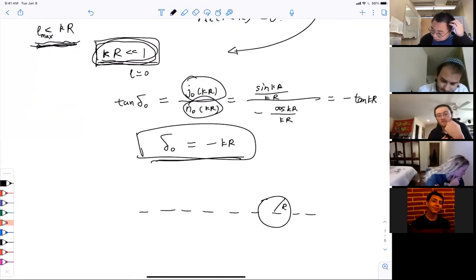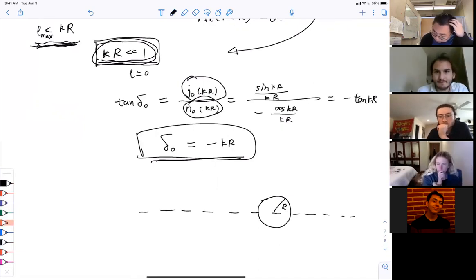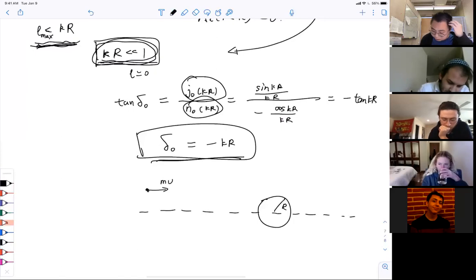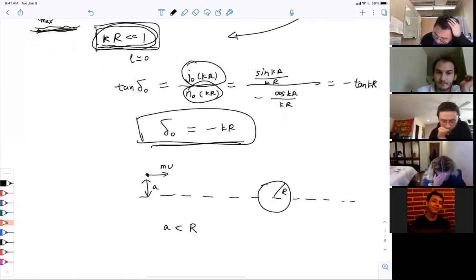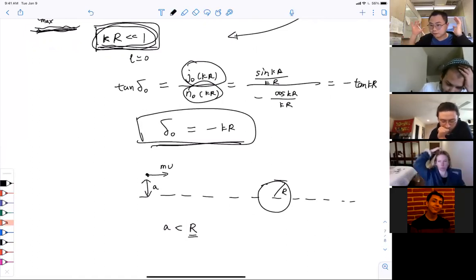So I will not derive it rigorously, but just give you this picture. Imagine I have a particle with momentum mv, and at distance, let's say a, we know that only if a is smaller than this R, it will scatter by the potential, right? Classically speaking. And now let me do some trick. Let's multiply by mv.